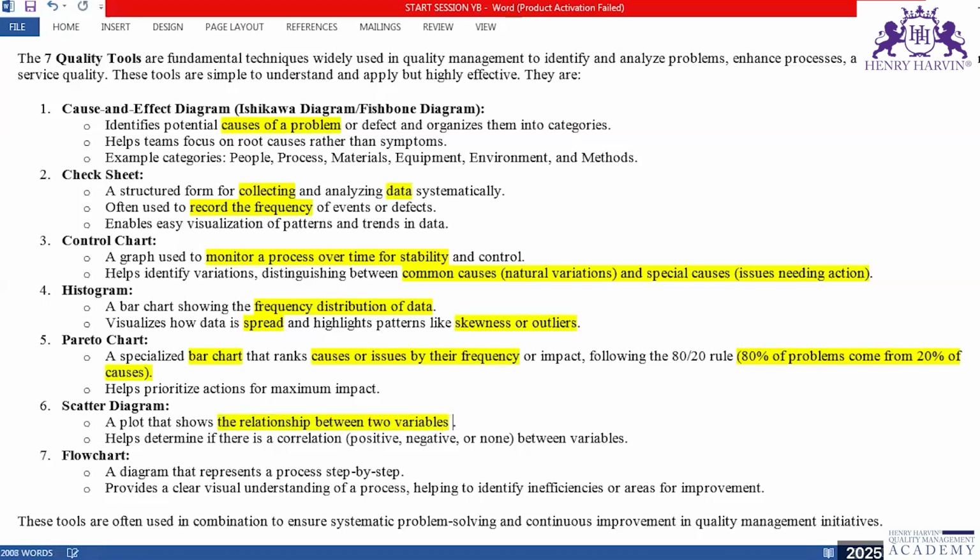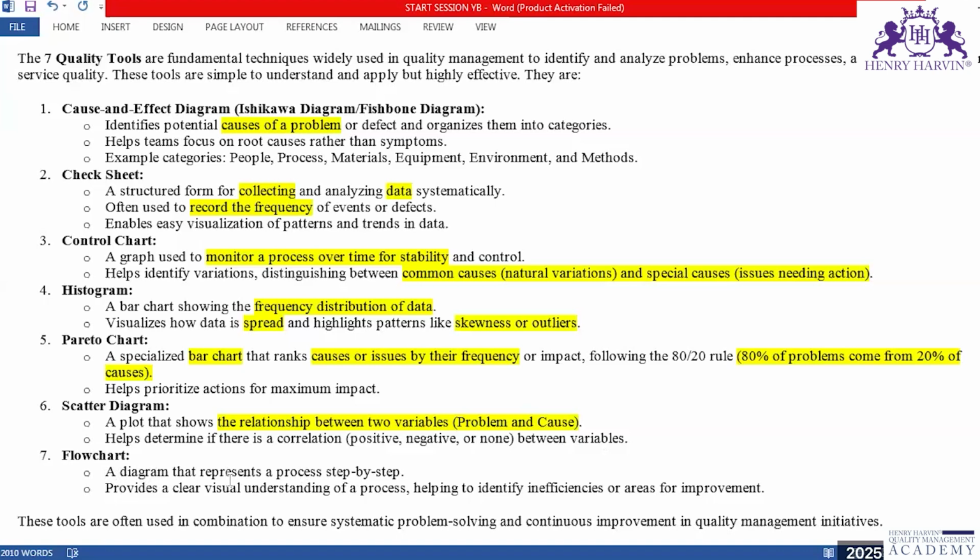So if you want, you can write here problem and cause. That is very, very important. Now, the relationship between variables, which could be problem and which could be cause, helps determine if there is a correlation or any relationship.